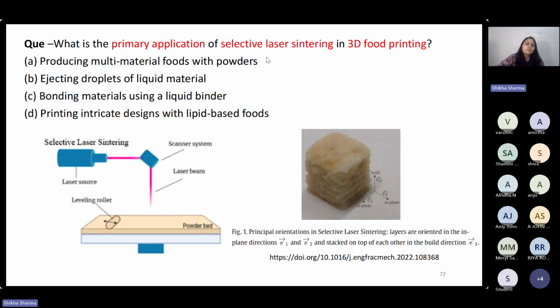So now, what is the primary application of selective laser sintering in 3D food printing? So we need to tell about selective laser sintering. Which option can be correct?